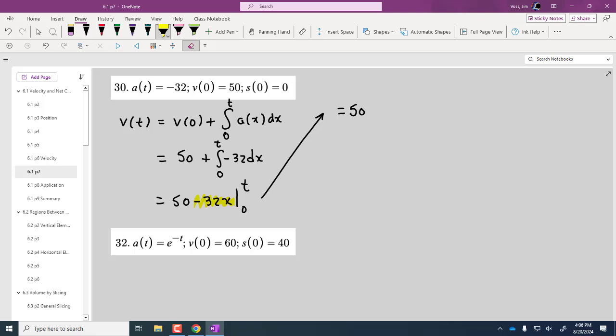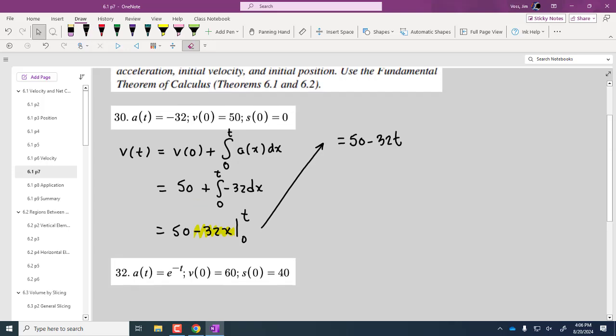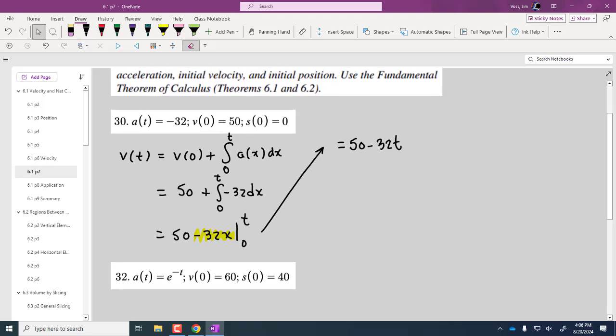All right, so plugging in t, we're going to get minus 32 times t. And if you plug in 0, we get 0. So now we have our velocity function. So that is our velocity function right there.